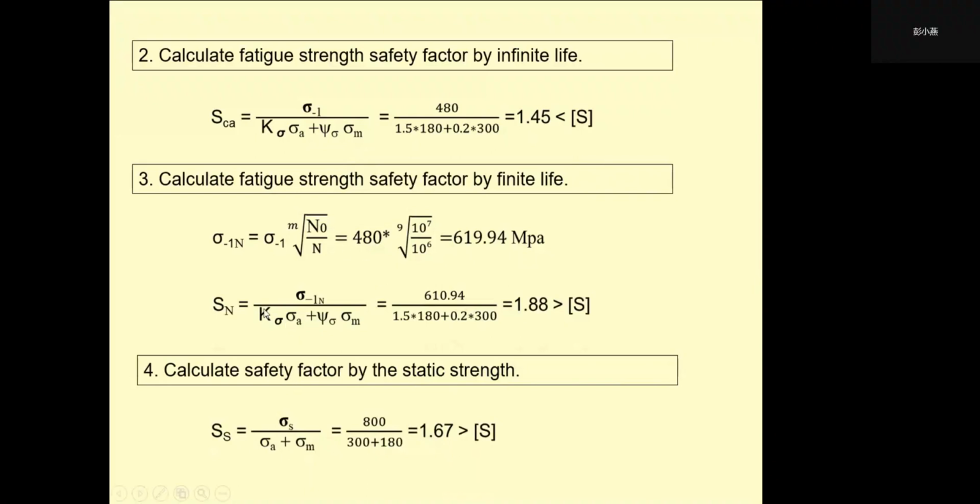So this designed element under static stress is safe, and under fluctuating stress with finite life is safe, but under fluctuating stress with infinite life is not safe, because the calculated safety factor is less than the allowable safety factor. Any problem?